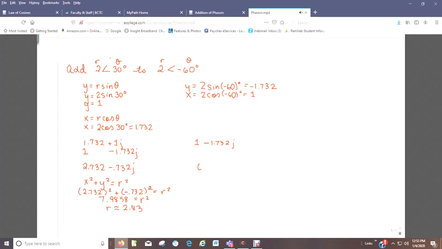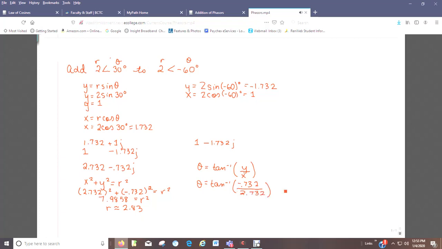All right, now we still need to find theta. So remember, theta is equal to tangent inverse of y over x. In this case, our y is negative 0.732 and our x is 2.732.